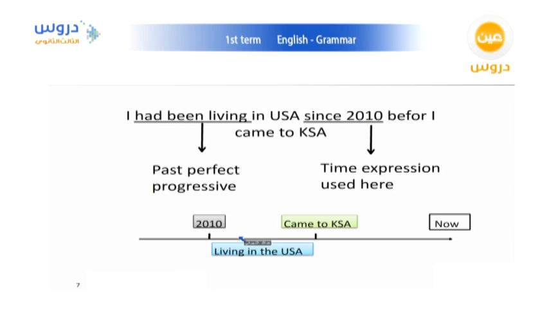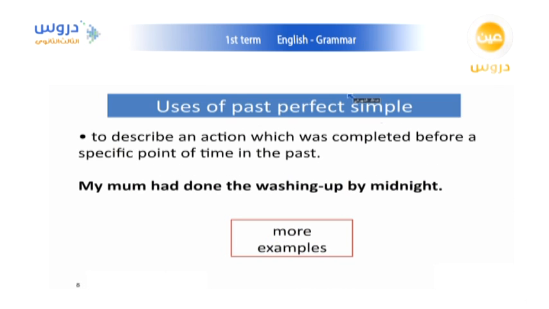So here from 2010 until he came to Saudi Arabia, the living is continuous. Let me draw these lines to show you that he is still in this period. And here we used also time expressions like the word since.